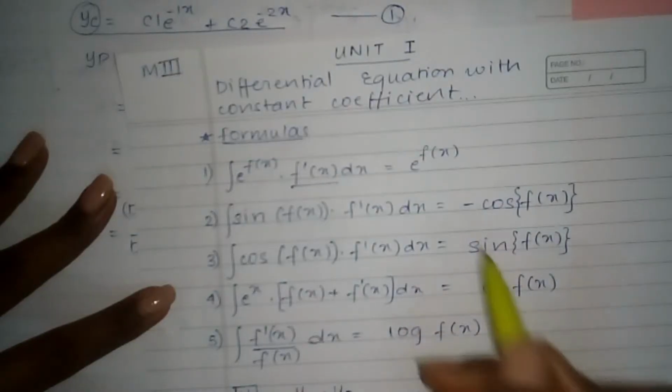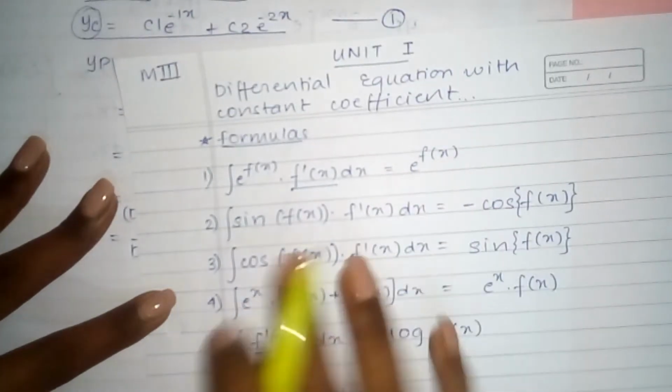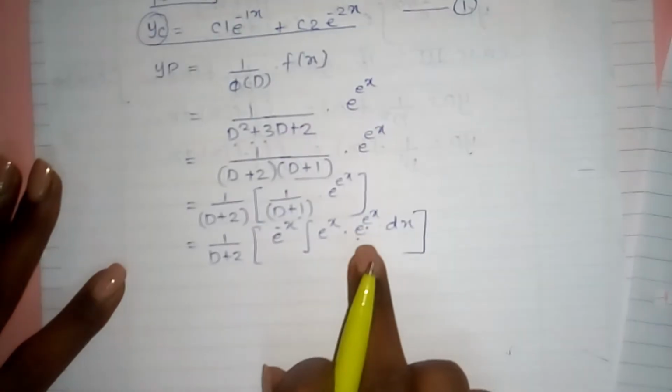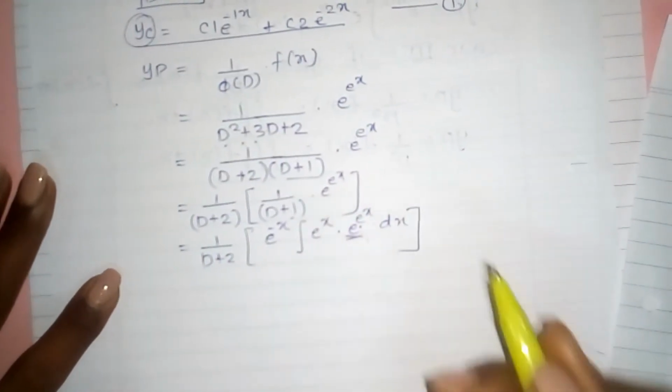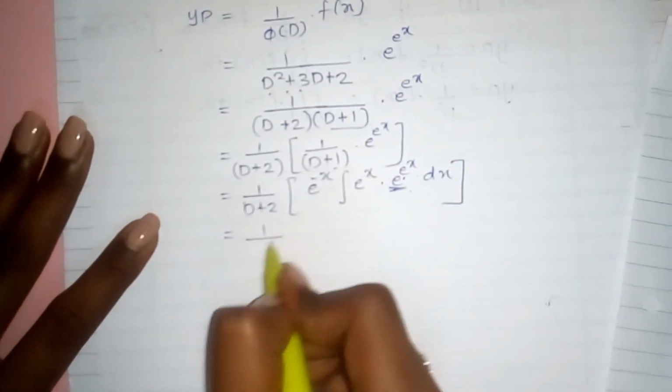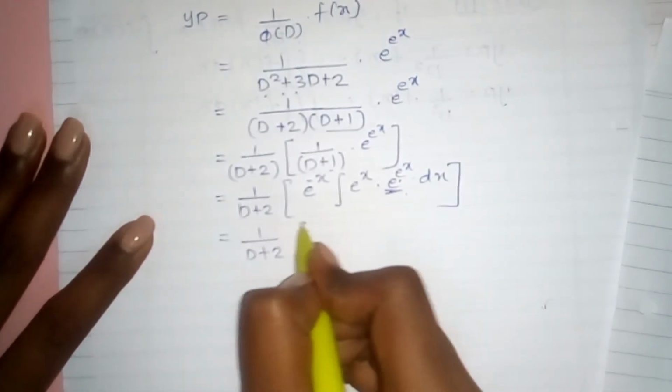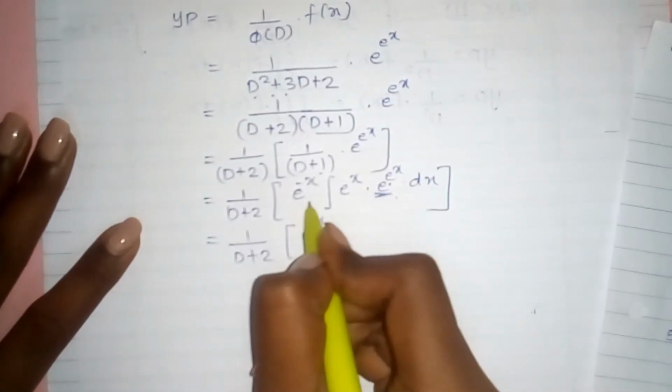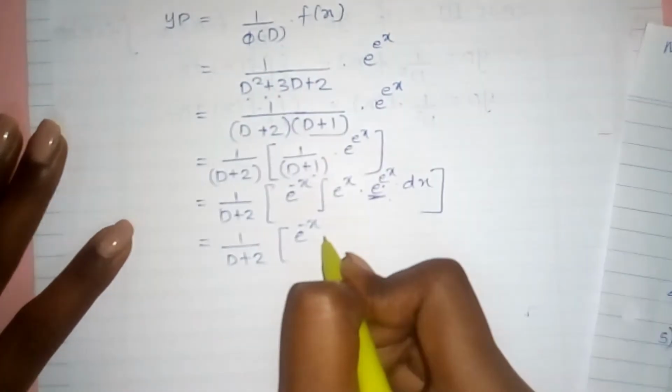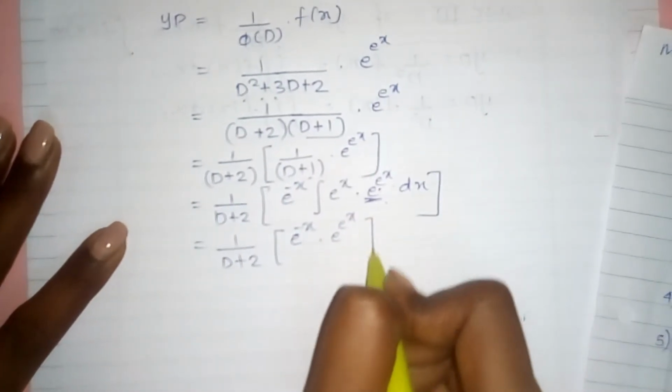So therefore this formula is satisfied. So the formula is e raised to f of x. Over here, e raised to f of x is this part. So we can just write down 1 upon D plus 2, e raised to minus x, as it is, and this part into e raised to x.